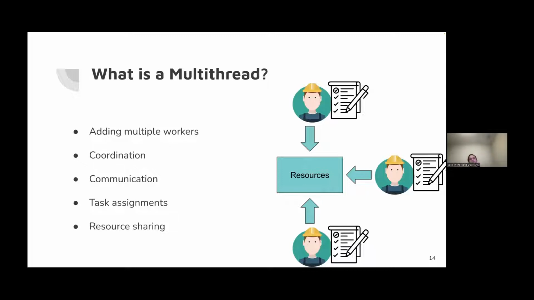So one of the most challenging aspects of multi-threaded programming is that because we now have the issue of the coordination of resources, we as programmers, most of the time when we program in parallel, are responsible for when exactly those different workers communicate, how they use the different resources, and what the set of instructions is that each of the workers executes, right?